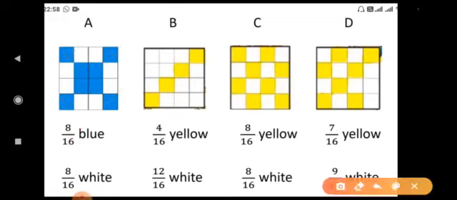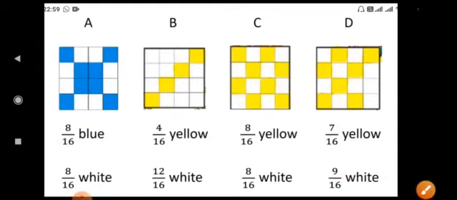And the total number of squares is 16. I have written the total number of squares in denominator. So fraction will become 8 upon 16 for blue part.